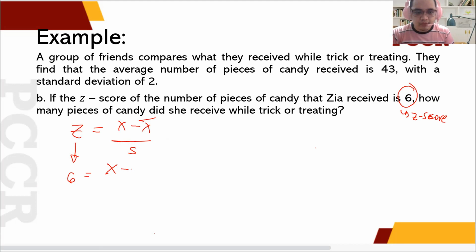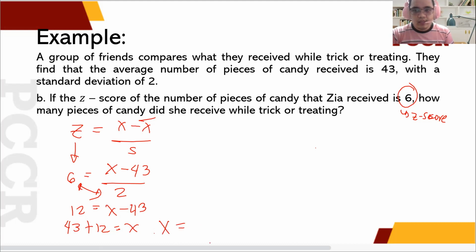So we have here minus the mean, which is 43 over 2. When you manipulate that, you just multiply, you get 12 equals x minus 43. Then you have 43 plus 12 is x, which will result to x equals 55. So that will be the value of x that has a z-score of 6.